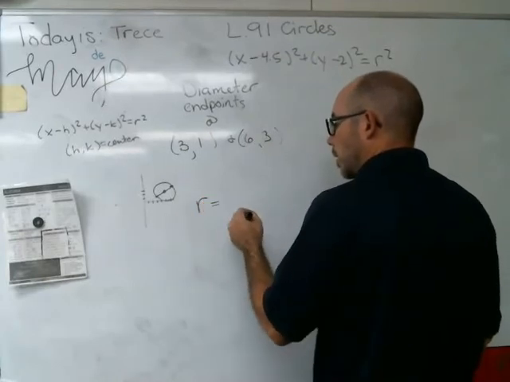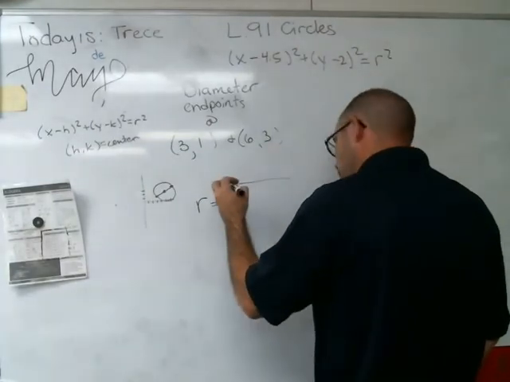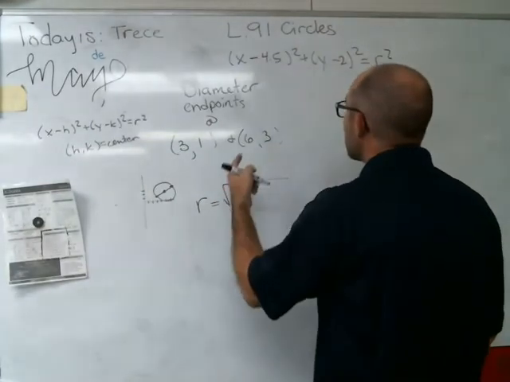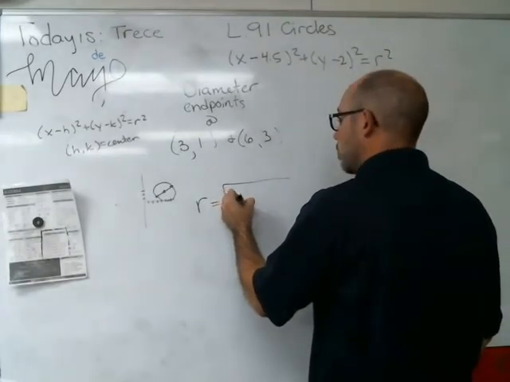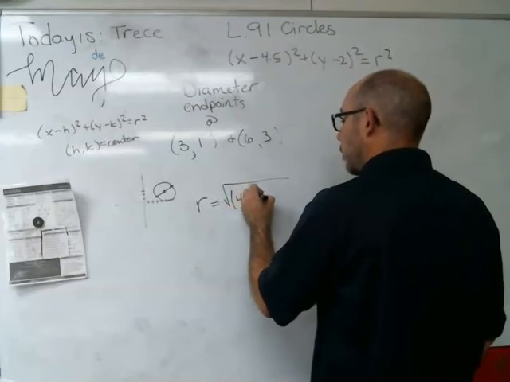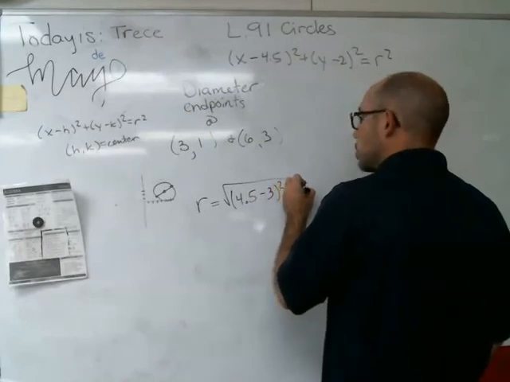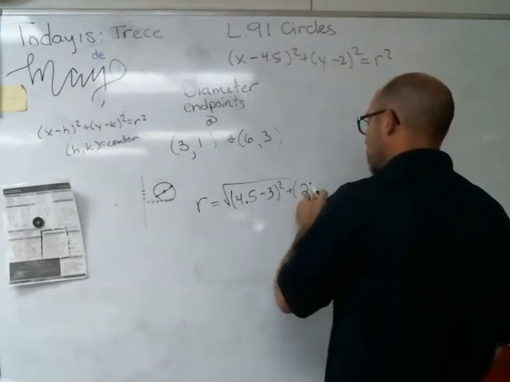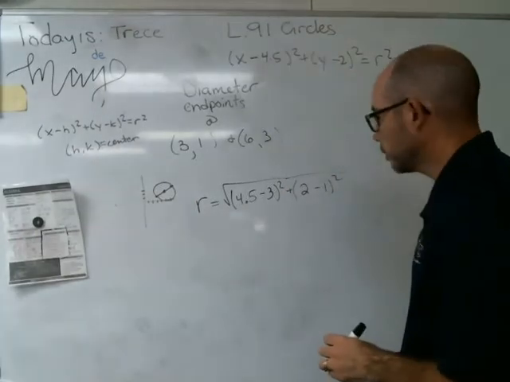We'll do the square root of (4.5 minus 3) squared plus (2 minus 1) squared.